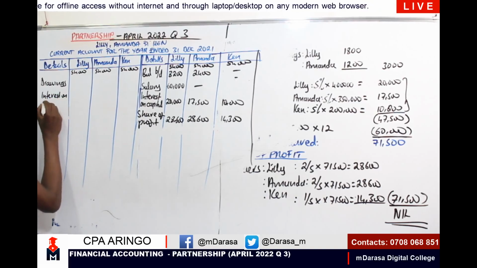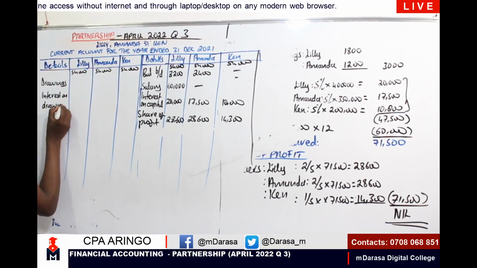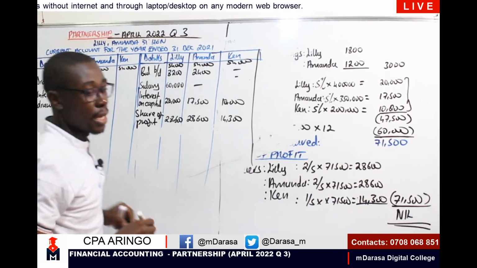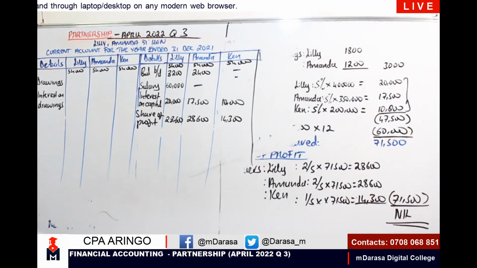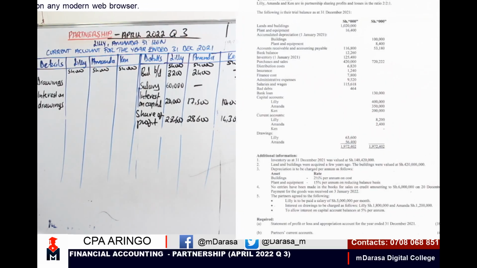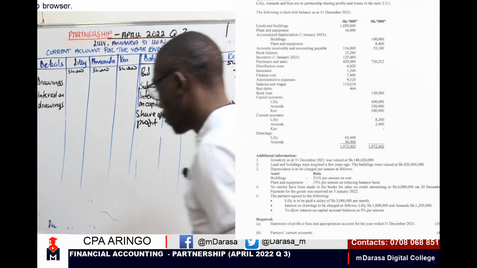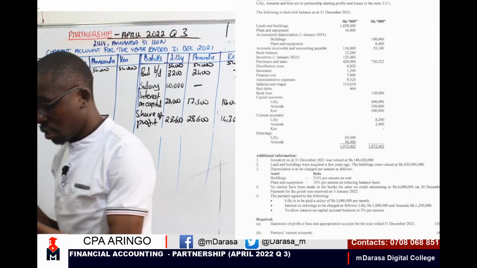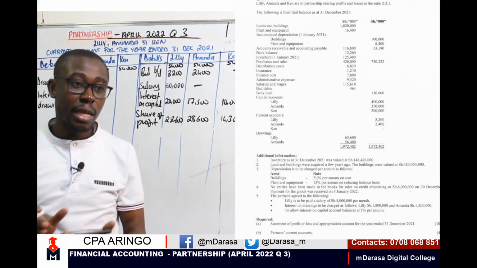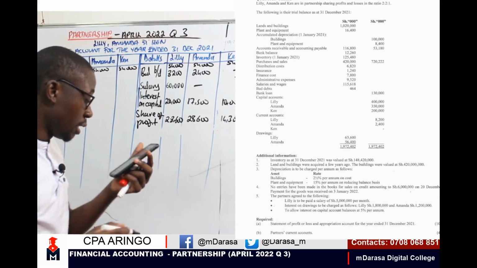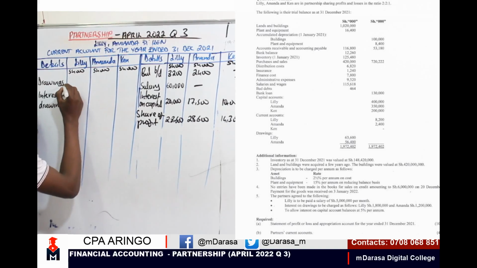Did we have any drawings? Yes, of course. Drawings for who and who? If you go to our trial balance, the last detail is drawings for Lily, 63,600.